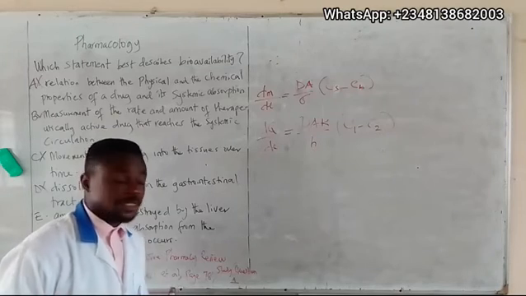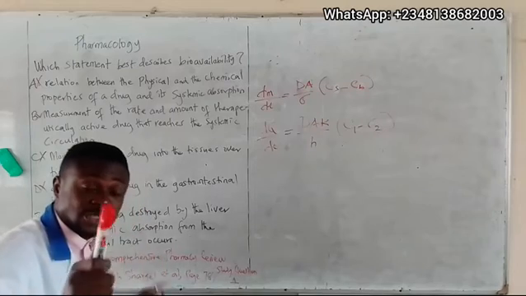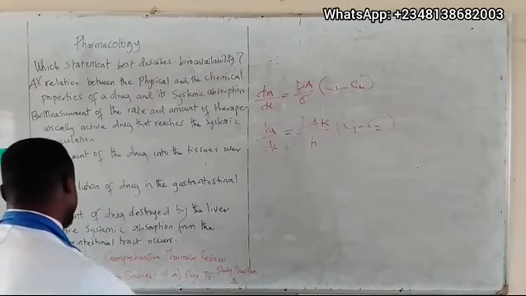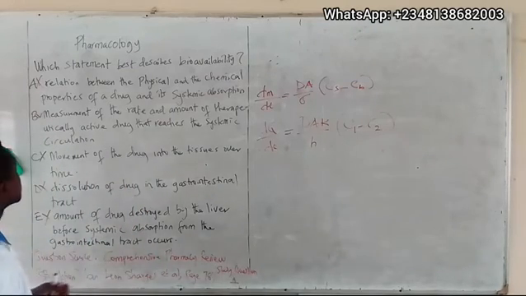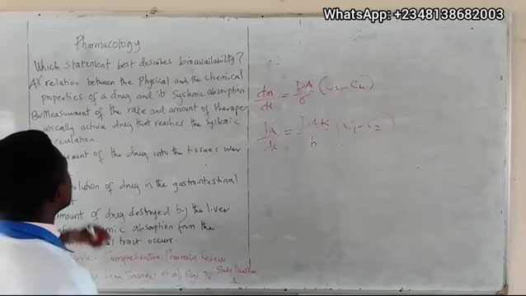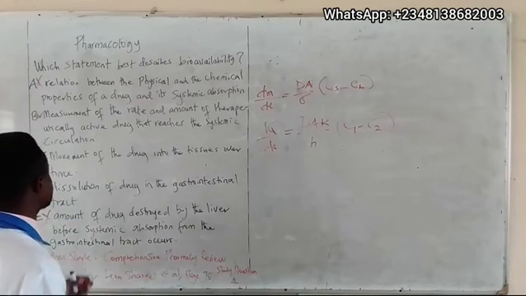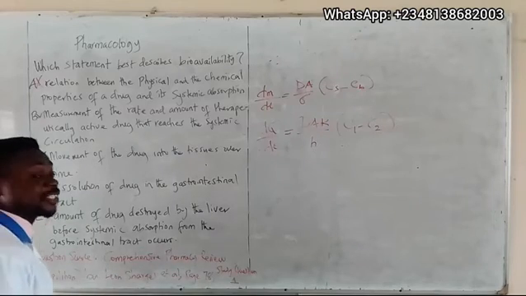Throughout the body. So this has effects on bioavailability, but it's not bioavailability. So this is not the answer. By looking at all the options, the most appropriate option there is what? B. Measurement of the rate and amount of therapeutically active drug that reaches the systemic circulation.